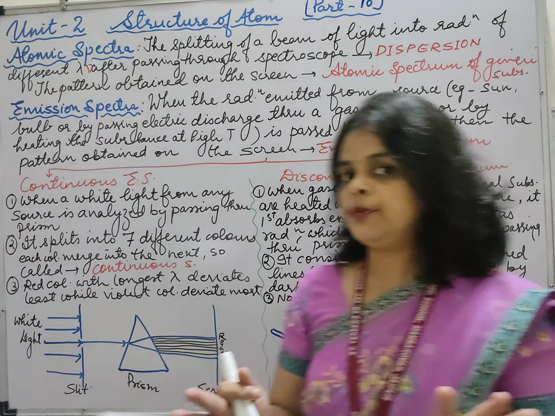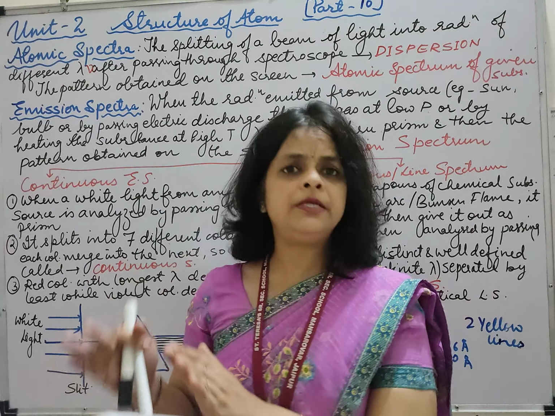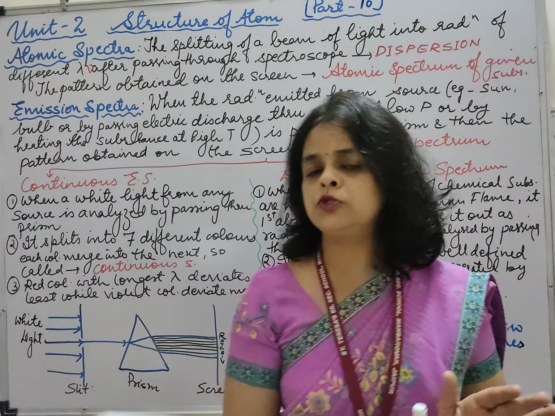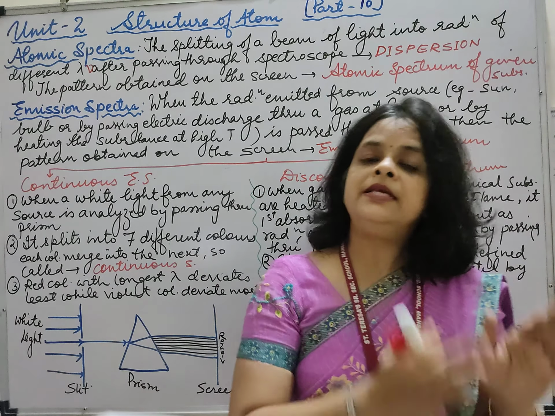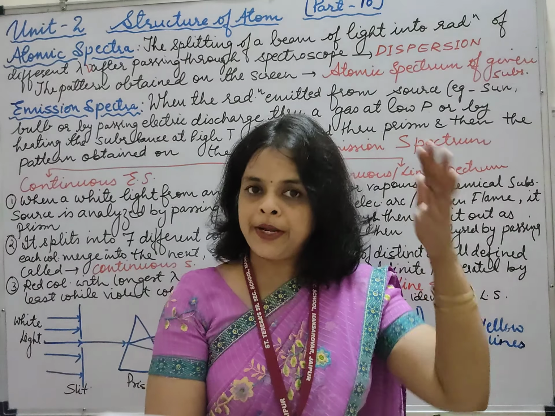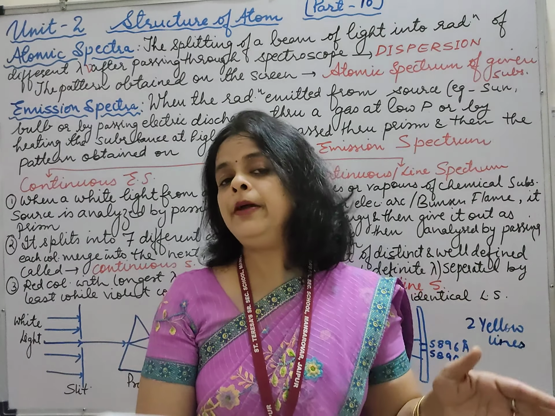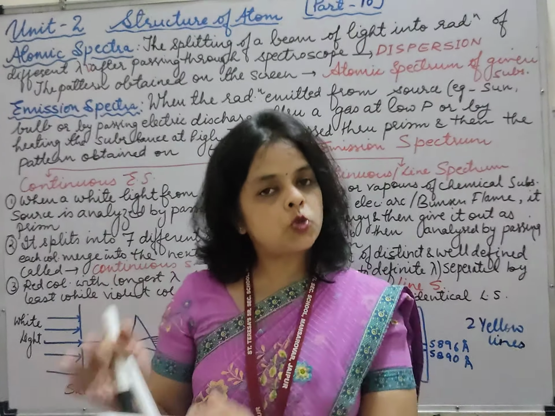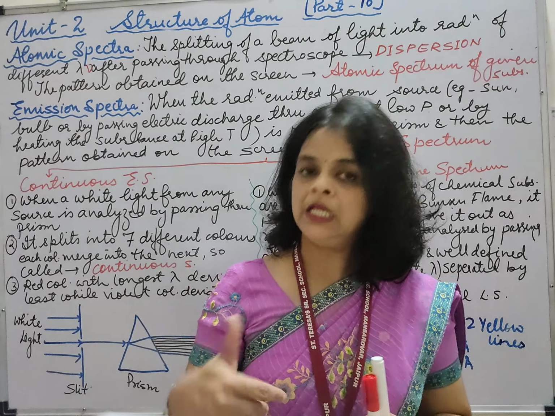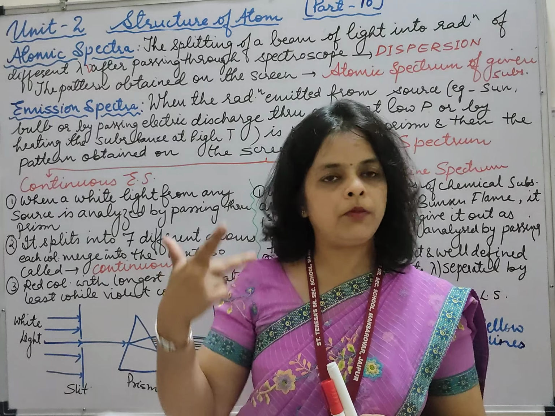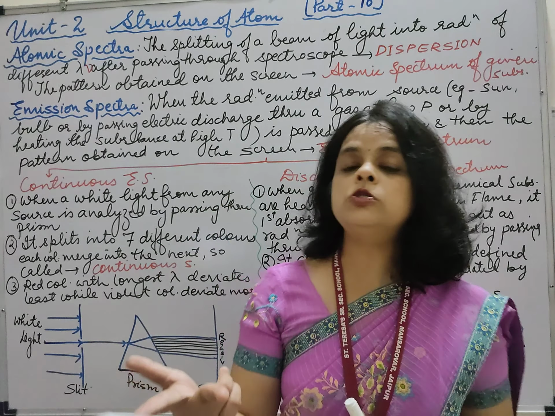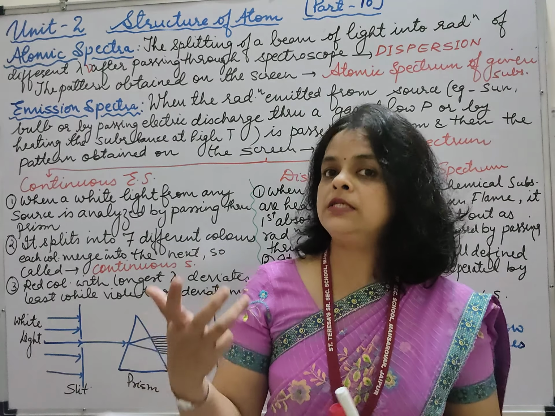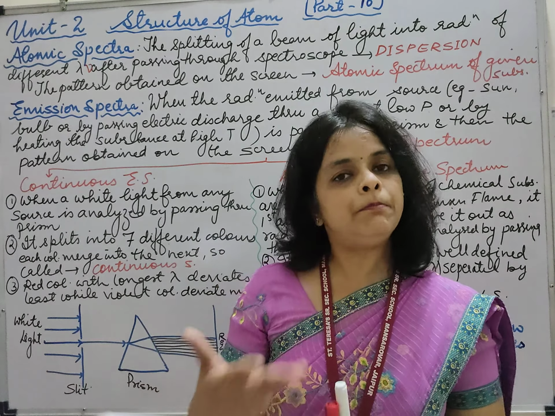Okay? What is an emission spectrum? If radiations from any source are allowed to pass through a prism and splitting takes place, the pattern we get is called the emission spectrum. The source can be the sun, a bulb, any hot glowing body, the vapors of a gas maintained at low pressure, or a sample heated by a Bunsen burner.